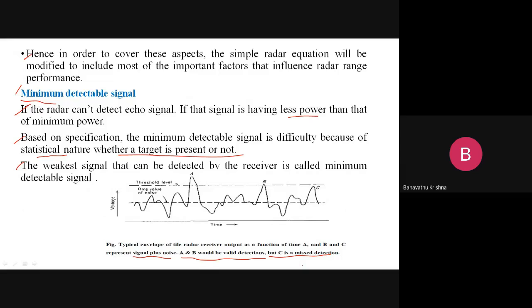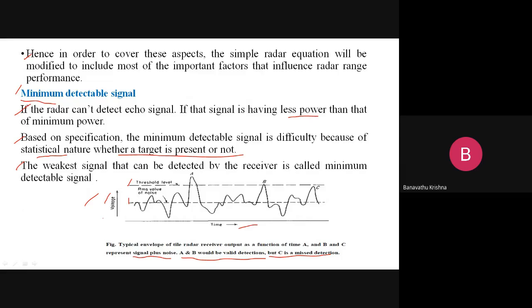What is the function behind this? Now we have to go through this particular diagram. On the y-axis, we are taking voltage, and on the x-axis we are taking time. Then you have to observe some elements, such as the threshold level and the RMS value of the noise.